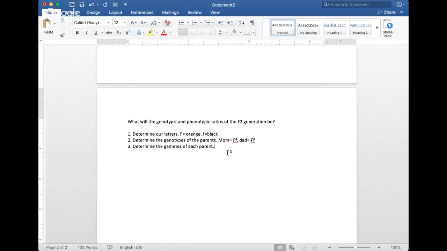So the gametes of each parent, let's do mom first. So mom can either give this big F, or the other option is she could give that little f. Dad could give his big F, or he could give his little f. So those are our gametes. And now we set up our Punnett square.